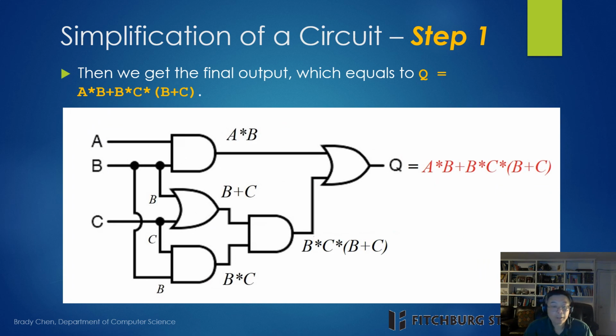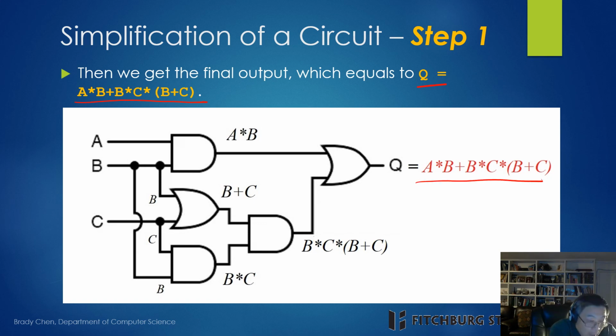So we have the final expression Q equals A times B plus B times C times parenthesis B plus C.